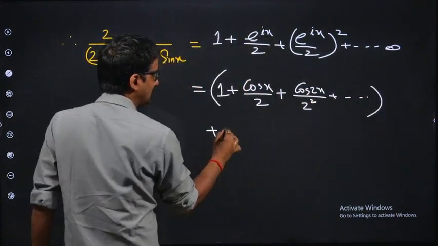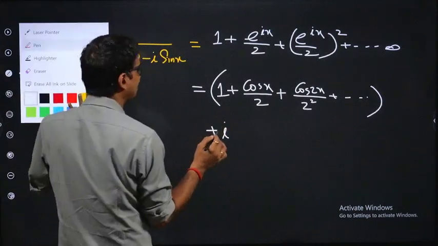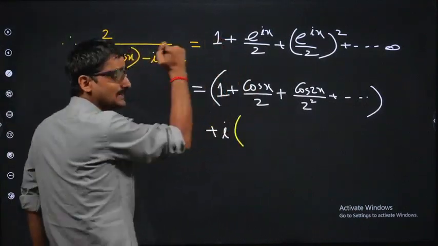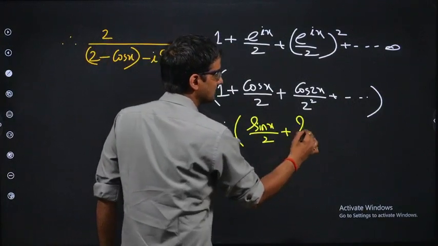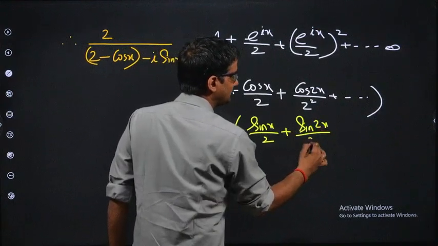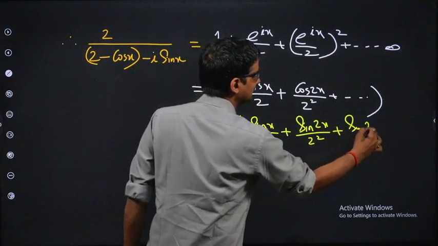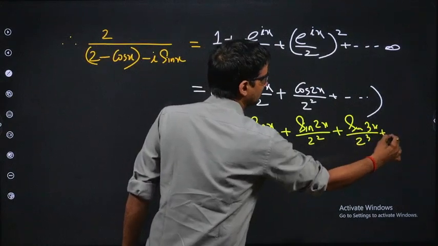And for the imaginary part, there is no imaginary part in 1, so we will get sin x by 2, sin 2x by 2 square, sin 3x by 2 cube, and so on.